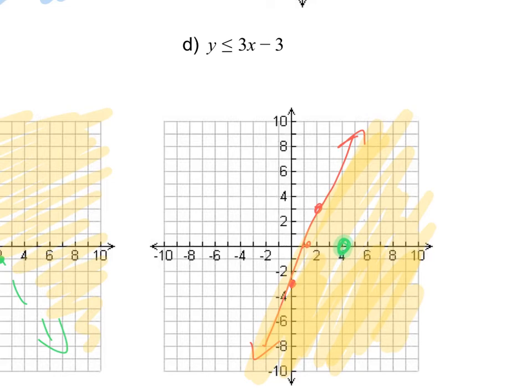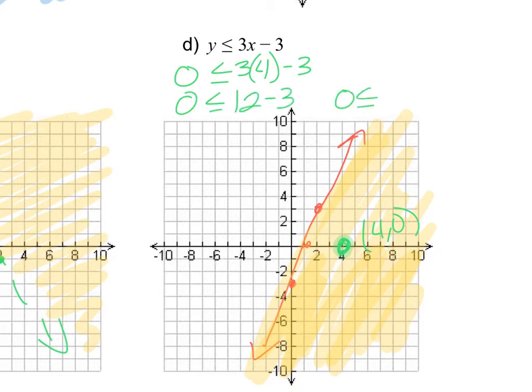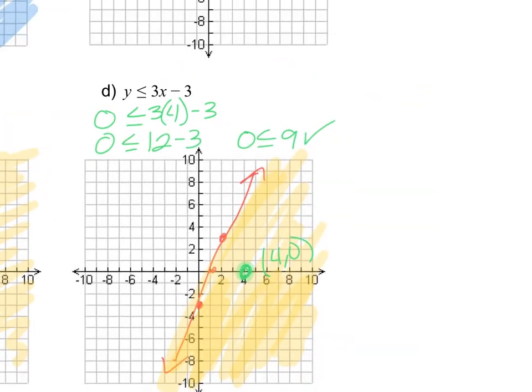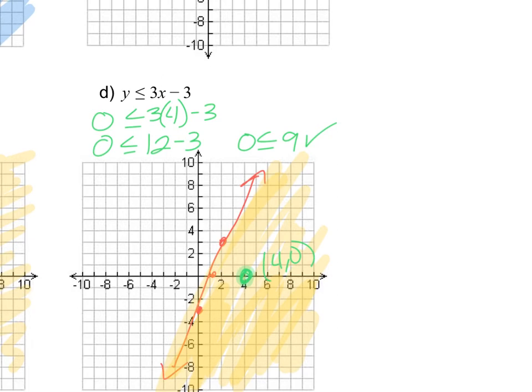I'm going to plug in 4 for my x, 3 times 4 minus 3, and 0 was my y coordinate. Is 0 less than or equal to 12 minus 3? Is 0 less than or equal to 9? Yes, it is.